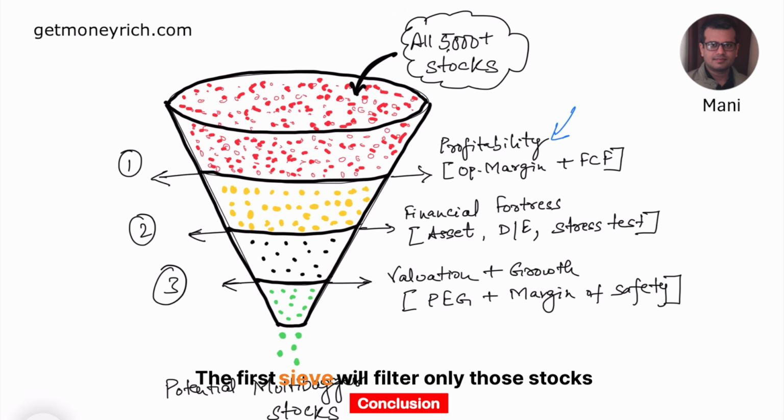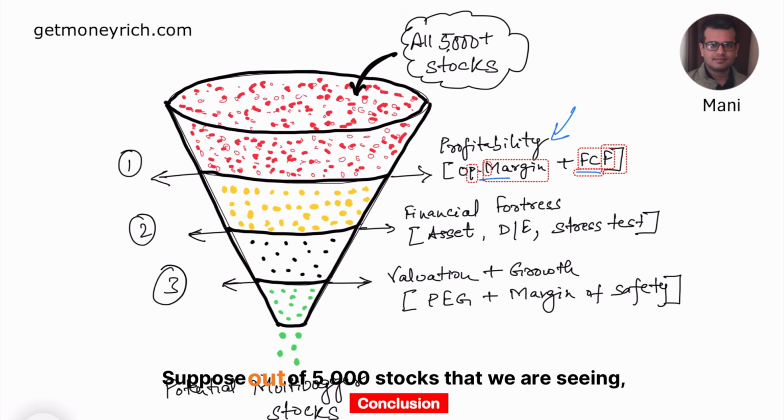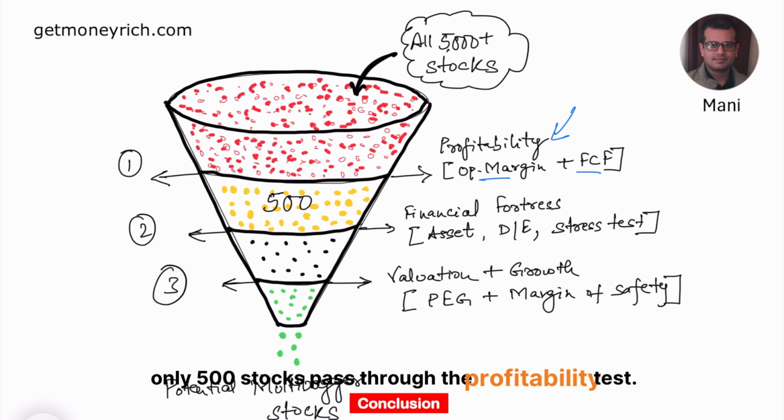The first sieve will filter only those stocks which pass the profitability test. And what was the profitability test? Our profitability test was the operating margin and FCF analysis. Suppose out of 5,000 stocks, only 500 stocks pass through the profitability test.